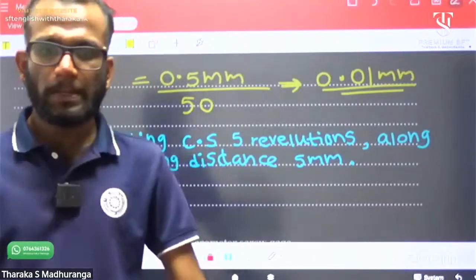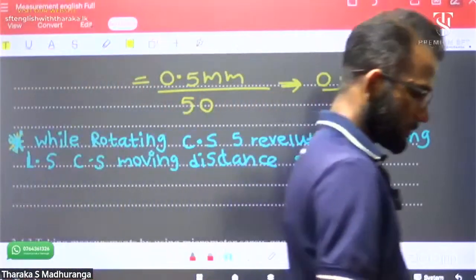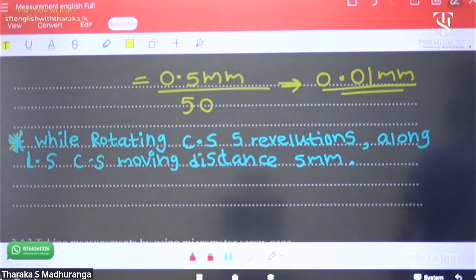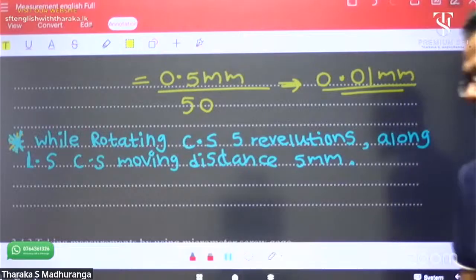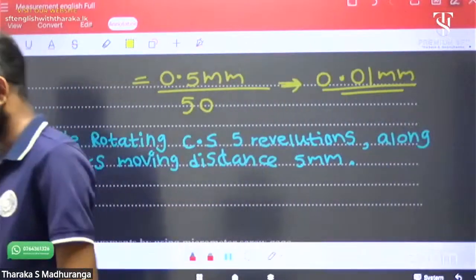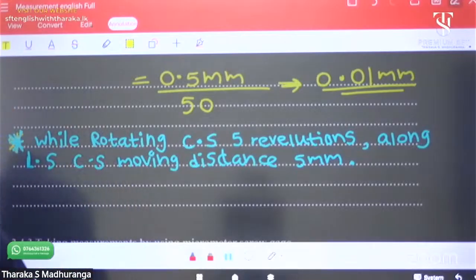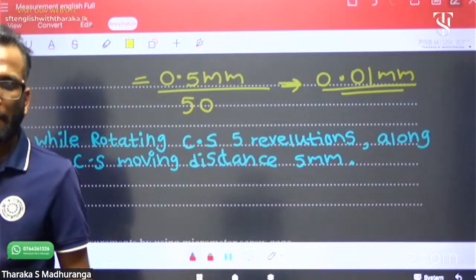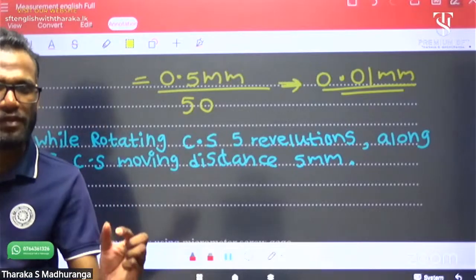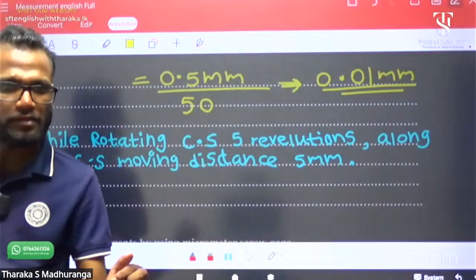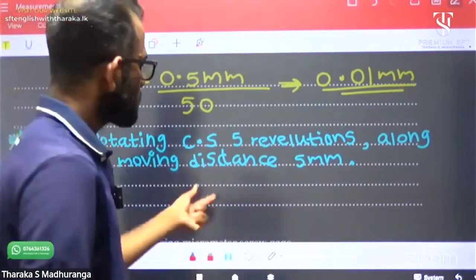Good. Carefully read and substitute into the equation.